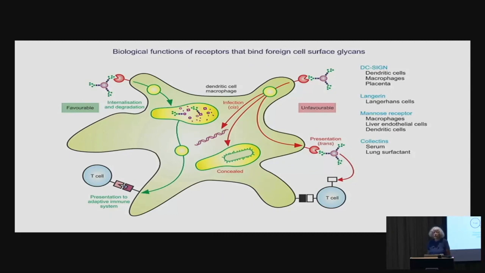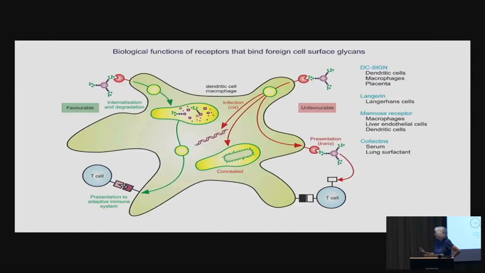But lectins can also recognize sugars on foreign cells, on pathogens, and this mediates part of the immune system. Many of these receptors are on macrophages, particularly DC-SIGN, langerin, and the mannose receptor.